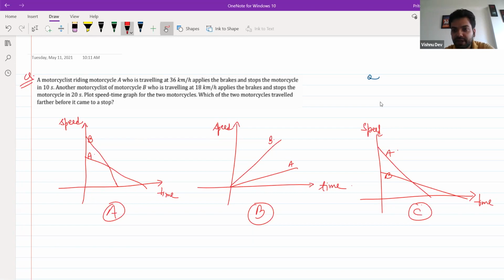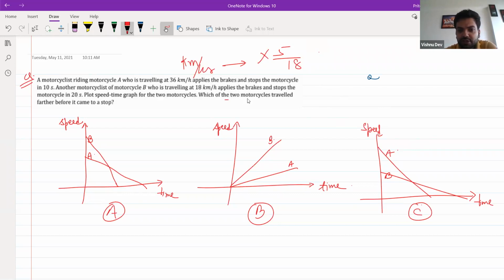A, B or C? Yes, Shivansh, 36 kilometer per hour is 10, 18 it is 5. To convert kilometer per hour into meter per second, just multiply the value by 5 by 18. Yes, it is the third one. You can draw the graph separately as well, or on one graph, if asked these kinds of questions.